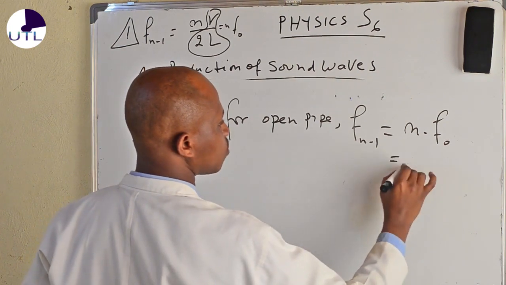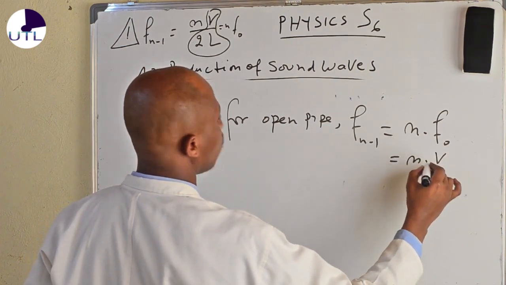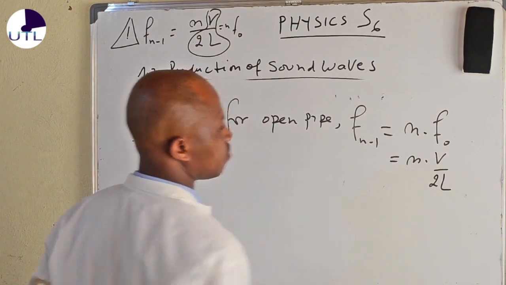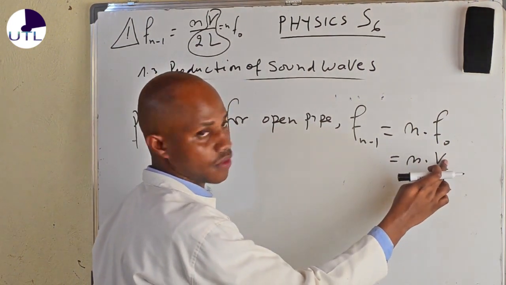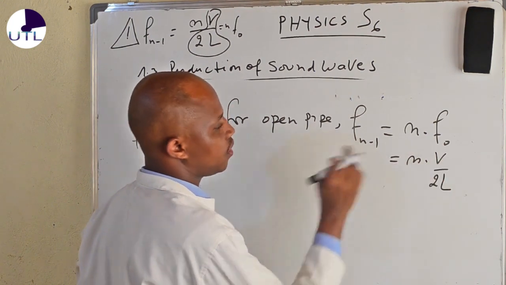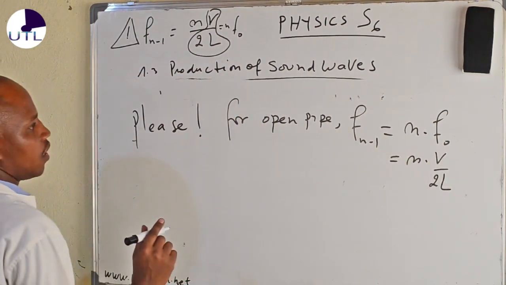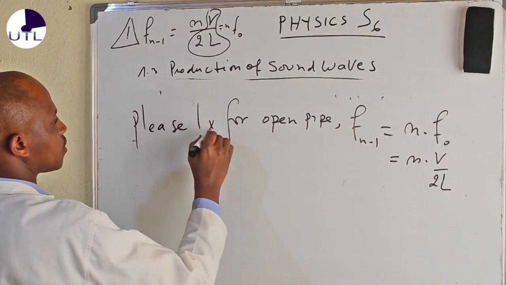To mean this was equal to n times V over 2L. Remember, L is the length of the pipe, V is the speed of the sound wave, then n the number of overtones. Now we have, that's the first case.